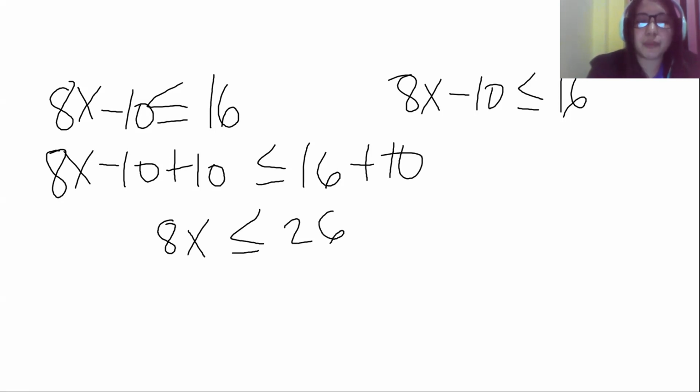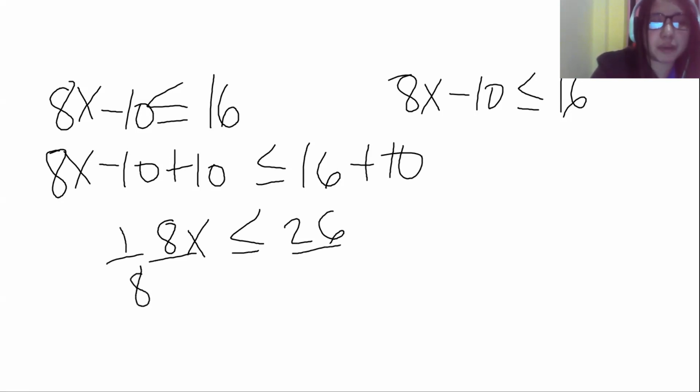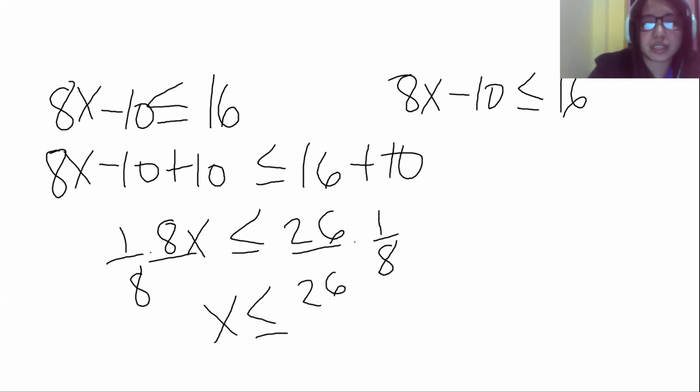Now, to remove 8, we multiply both sides by 1/8 by the multiplication property, because 8 over 8 is 1, leaving x. So x is less than or equal to 26 over 8.